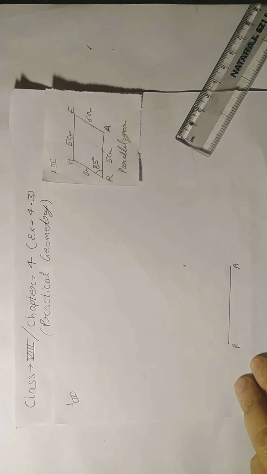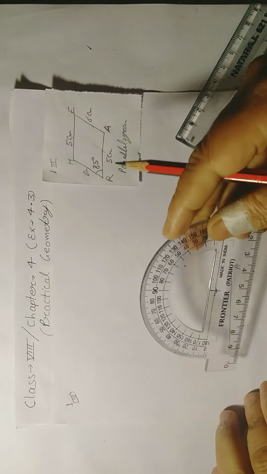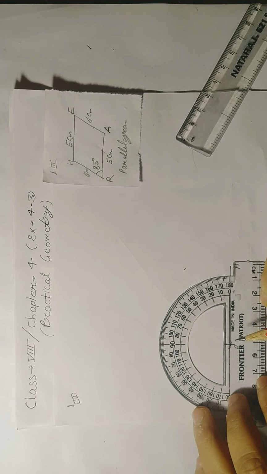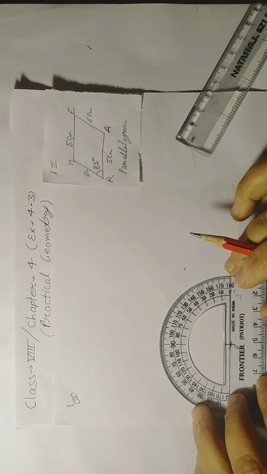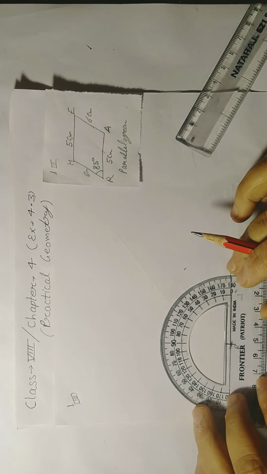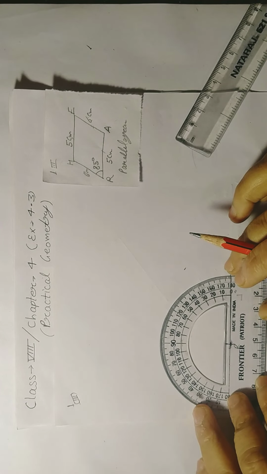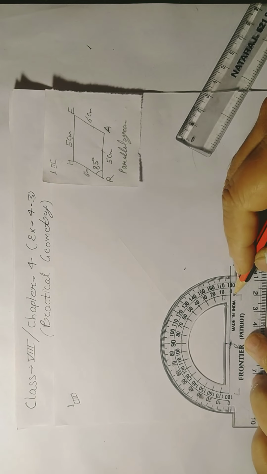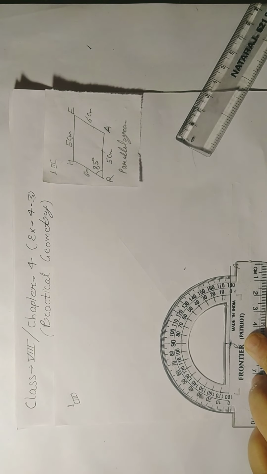Now we have to draw angle 85 degree. Because 85 degree is not possible with the help of a compass, we have to draw 85 degree with the help of a protractor. We overlap point R with the center of the protractor, and because the given line segment lies on the right side of the point, we have to read the angle in the anti-clockwise direction.